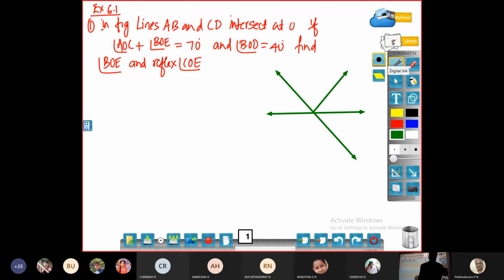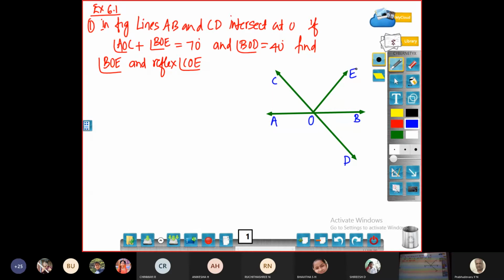So these are the lines, line AB and CD intersecting at point O, and OE is the ray. Now they have given, they are making some angles.